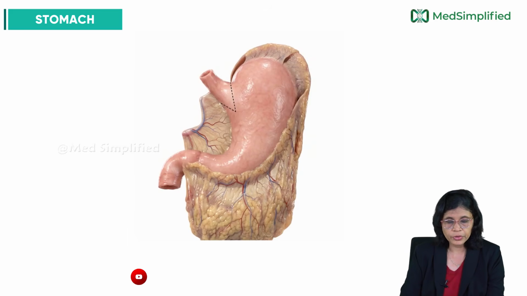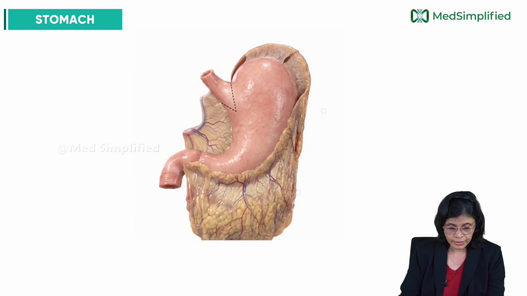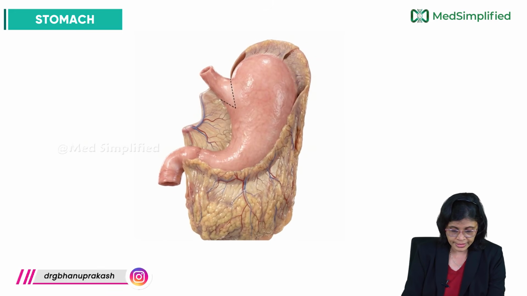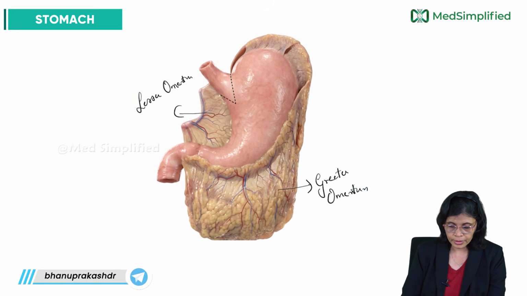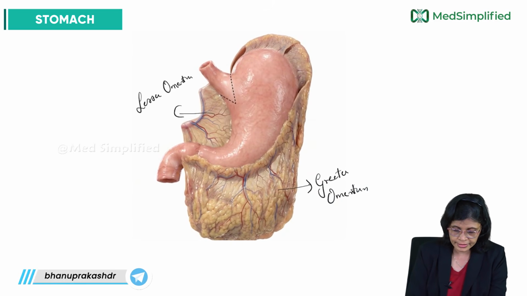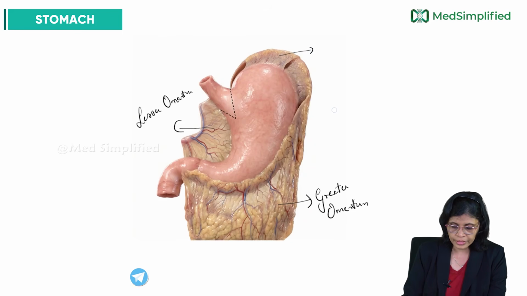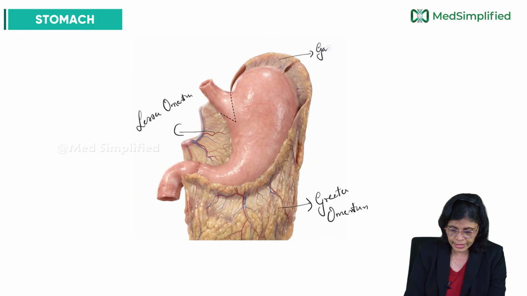When we see the peritoneal relations of the stomach, along the lesser curvature, as I said, we have the lesser omentum, and this is the greater omentum. At the cardiac end of the stomach, between the stomach and the diaphragm, we see the gastrophrenic ligament.